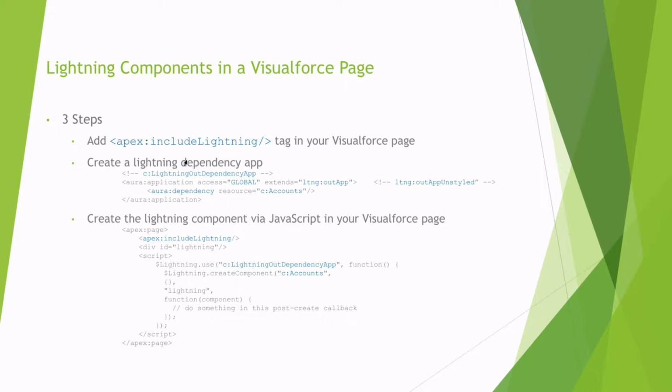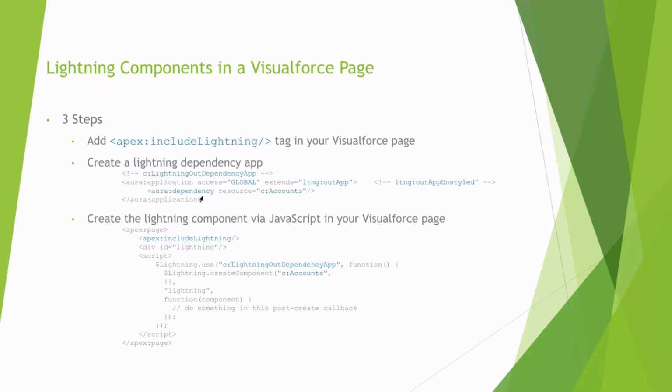Okay, it is simpler than it sounds. A dependency app is simply an Aura application with some attributes, and the dependent components described using the aura:dependency tag. Okay, you will never actually deploy a dependency app as an actual app for users to consume directly.